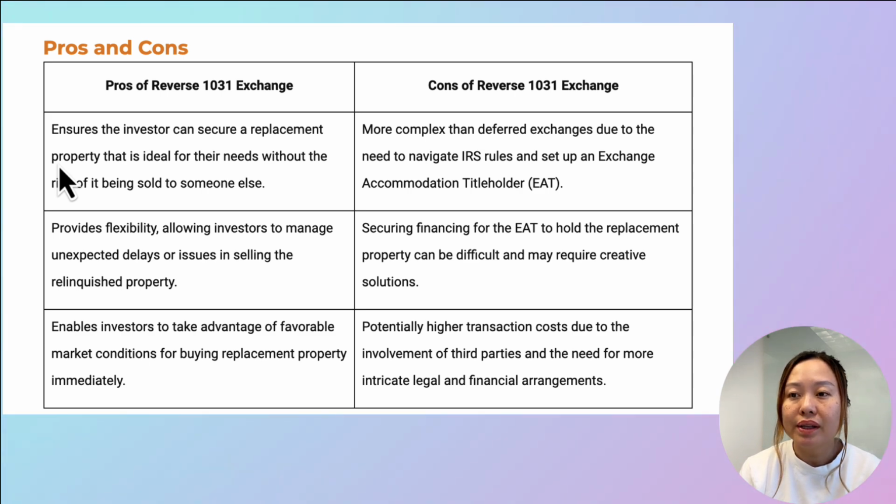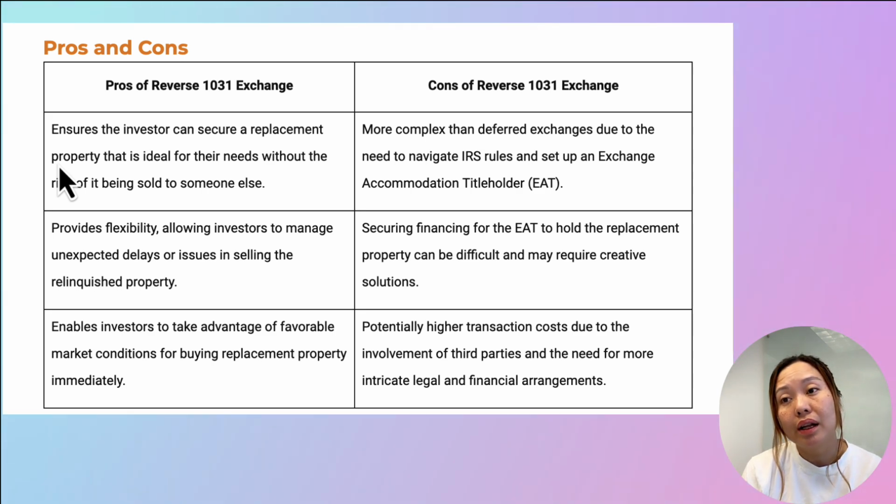Potential higher transaction costs due to the involvement of third parties and the need for more complex legal and financial arrangements. So with anything more complex and harder to do, it's probably going to cost more. And then also you involve more parties into the transaction, right?